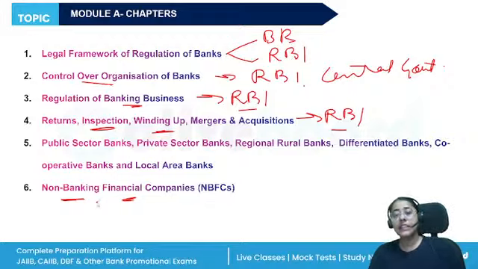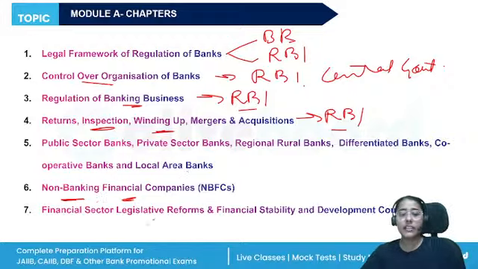And finally, Unit 7 is the financial sector legislative reforms. So here, the committees that were formed, financial sector reforms, they suggested reforms in the banking sector, in the monetary sector, financial market, forex market. These are covered in Unit 7.